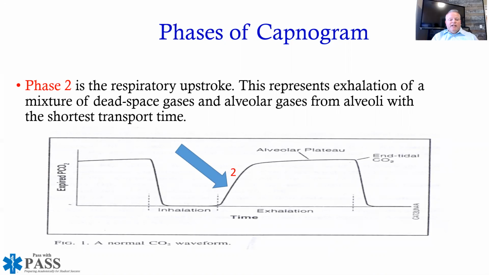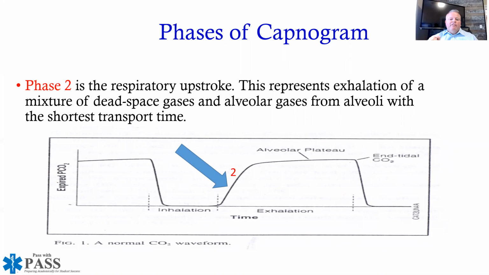It represents exhalation of a mixture of that dead space. Remember, we have 150 cc's of dead space, and then the gas from down in the alveoli. This makes sense if you think about it. As I initially start to exhale, where is that gas coming from? The answer is my mouth. That's the first gas that comes out.